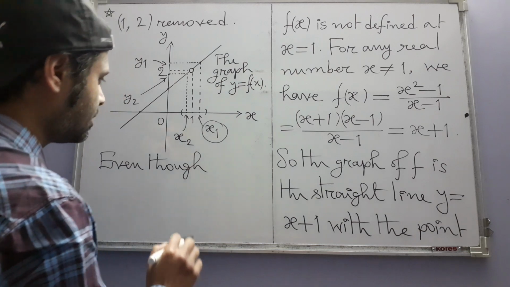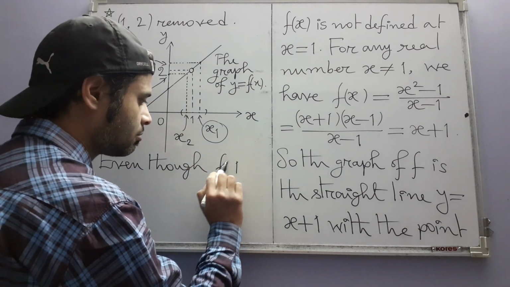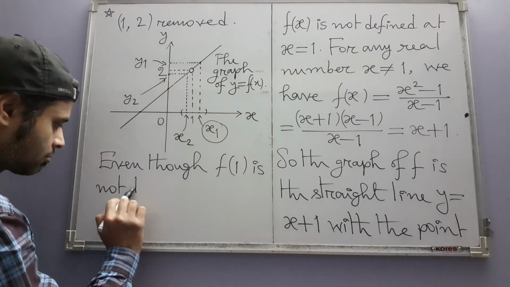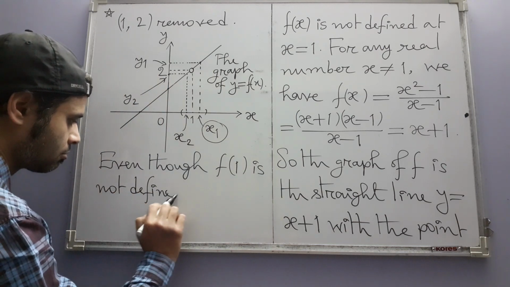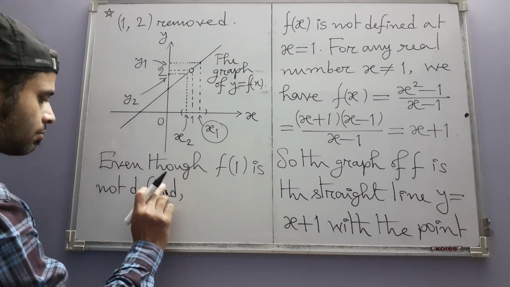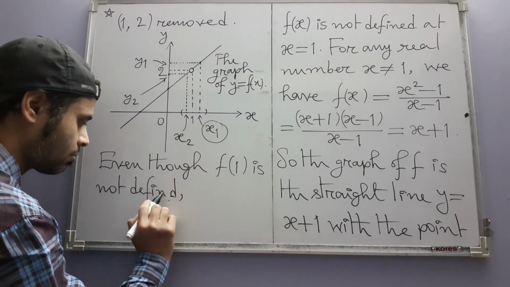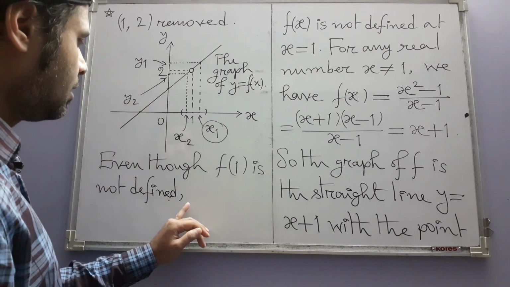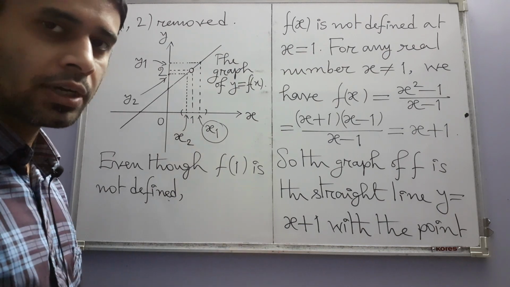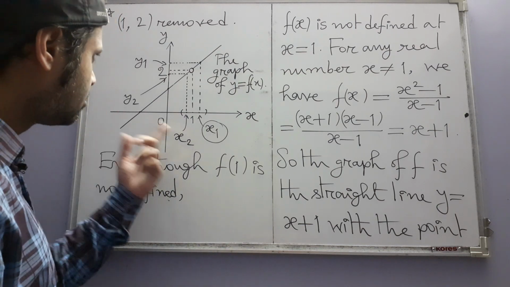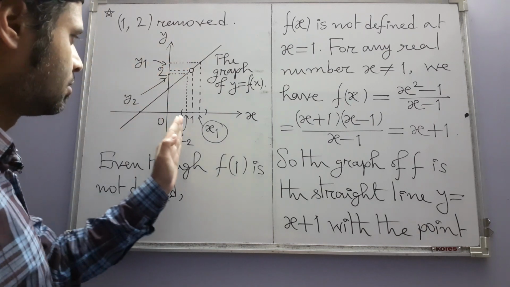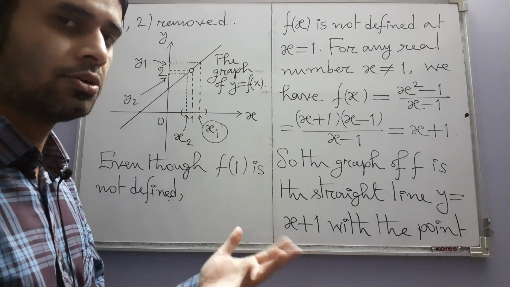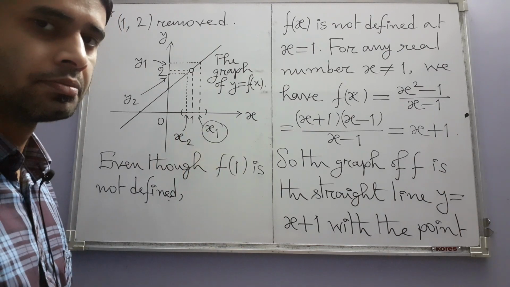Even though f of 1 is not defined, one can clearly see that the value of f of x gets arbitrarily close to 2 when x is sufficiently close to 1.